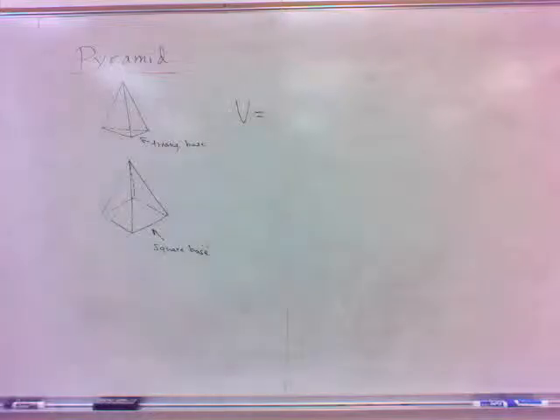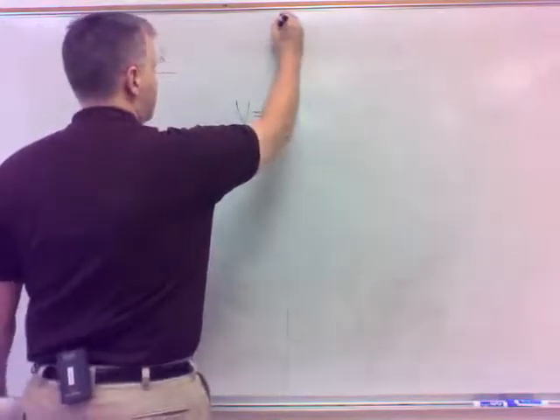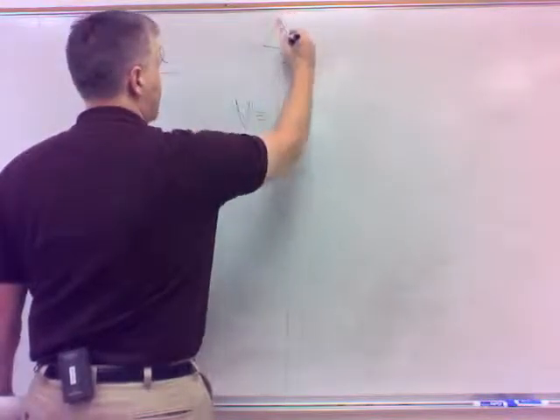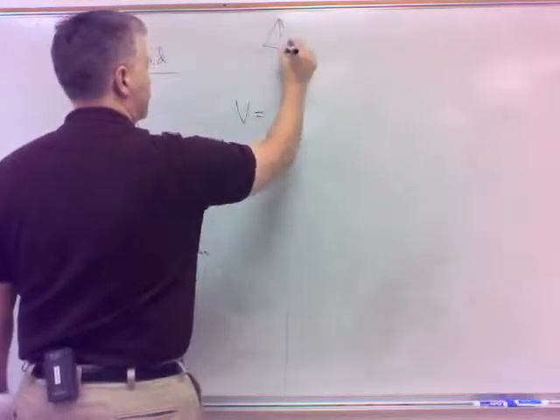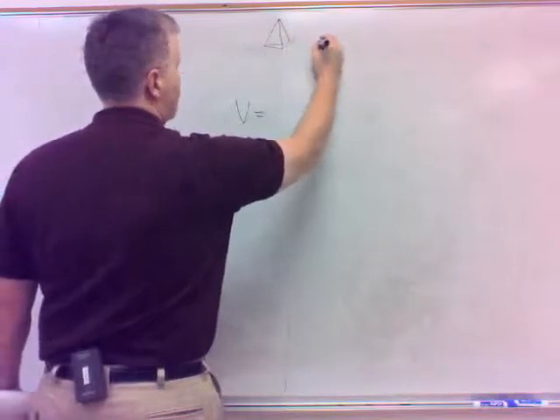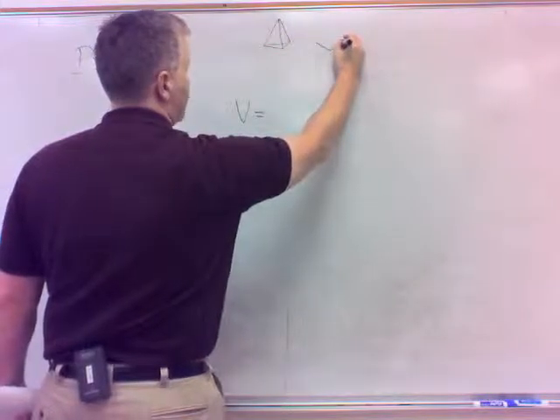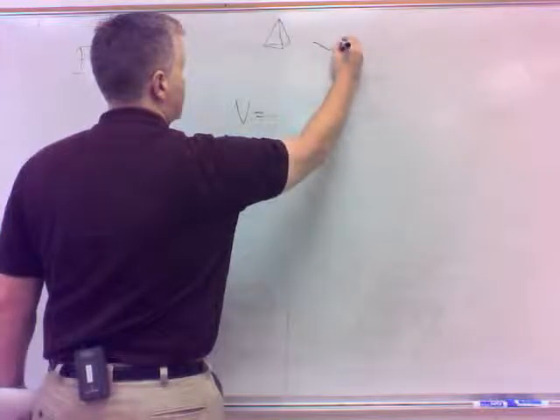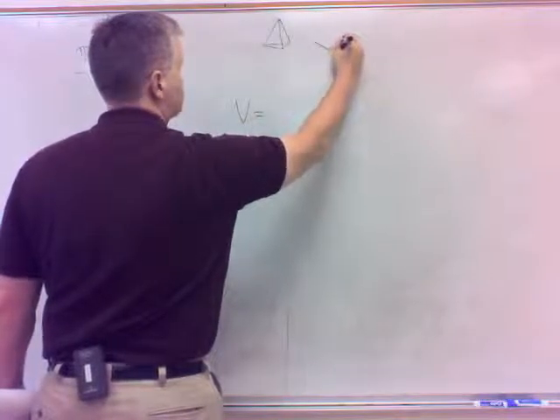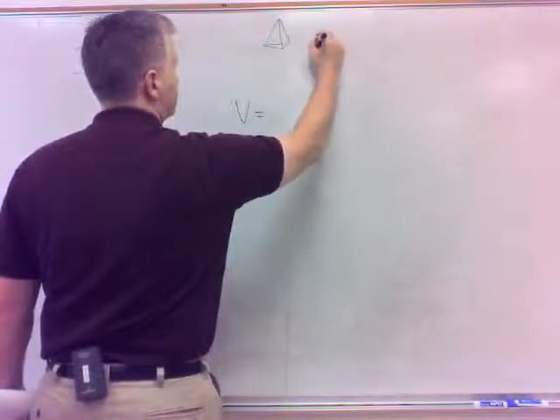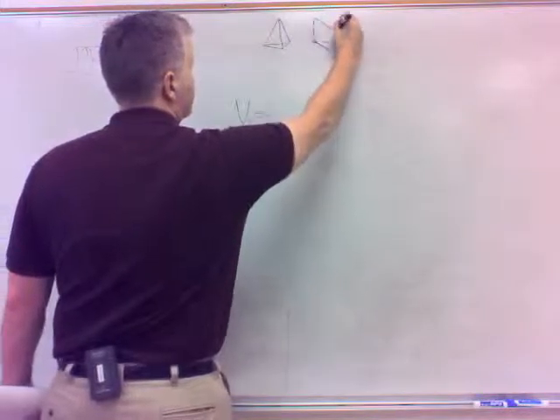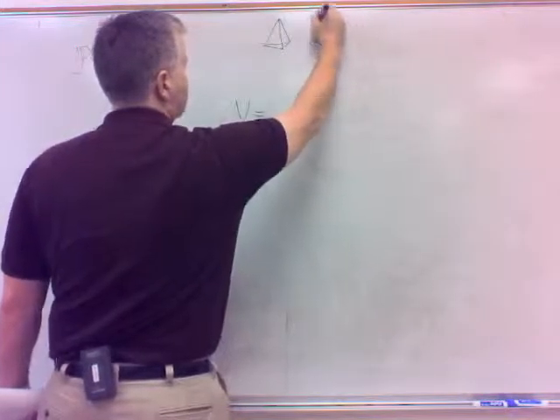Let's say, like I did with the cylinder and the cone, I had a triangular base pyramid, and then I had the same size, same base, and everything was the same about it, except it was a prism.